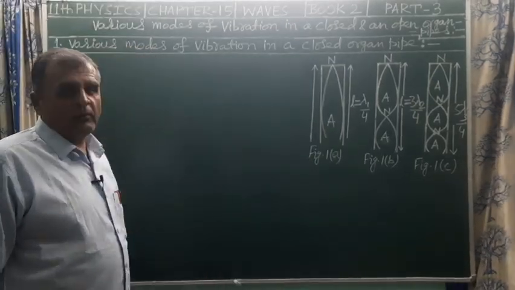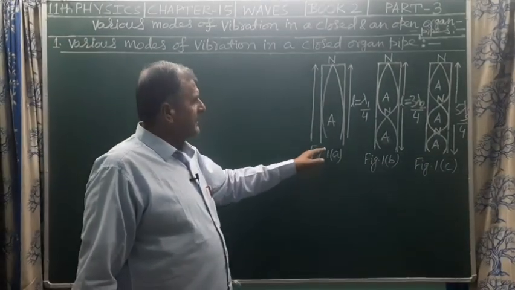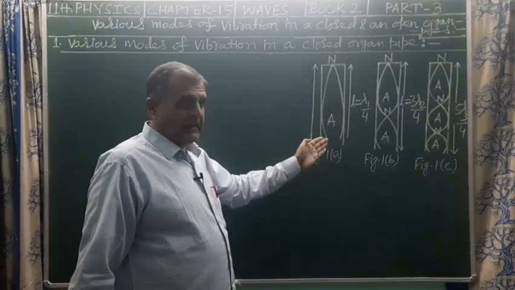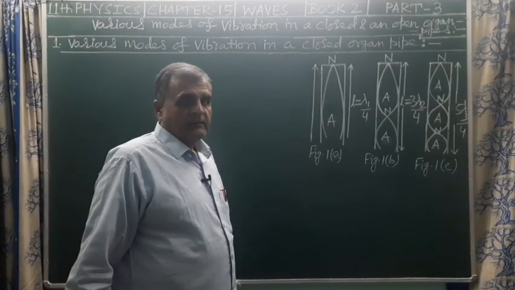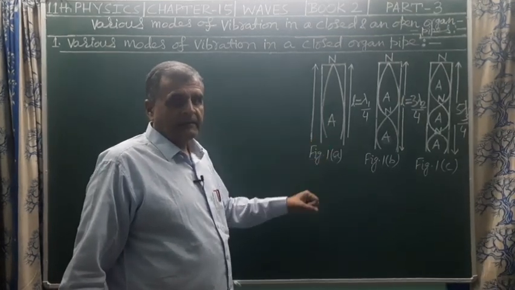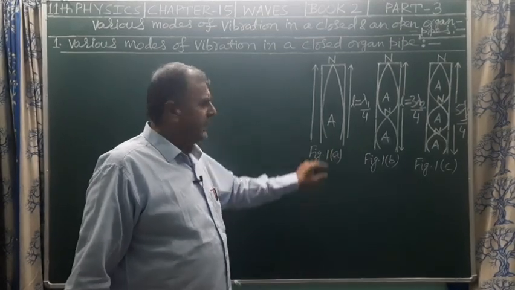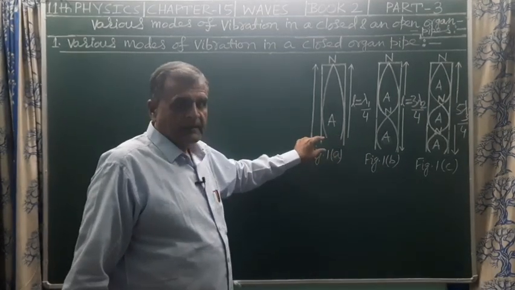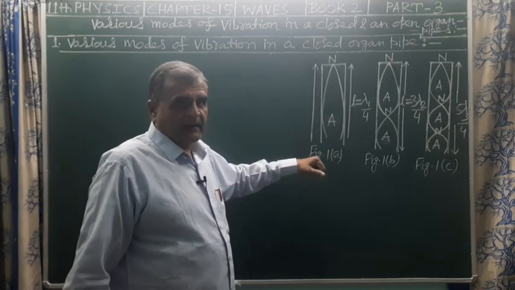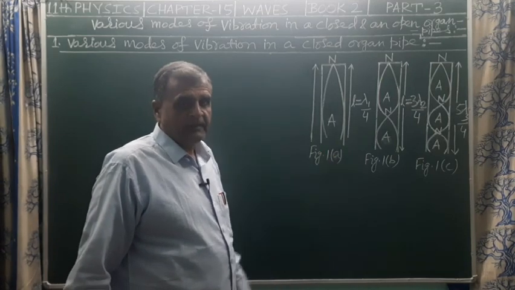In the simplest mode of vibration in a closed organ pipe, since the open end is free, where the medium particles, that is air, have freedom to vibrate, an antinode is formed, that is rarefaction occurs at the open end of a closed organ pipe.